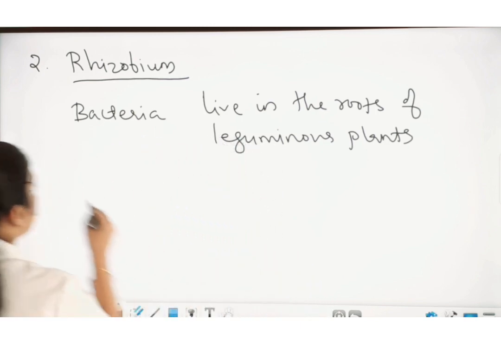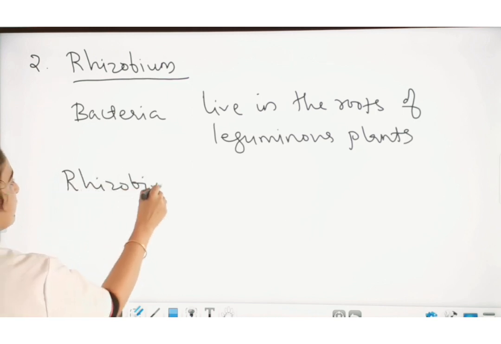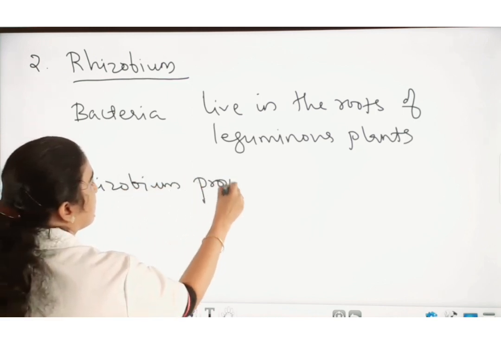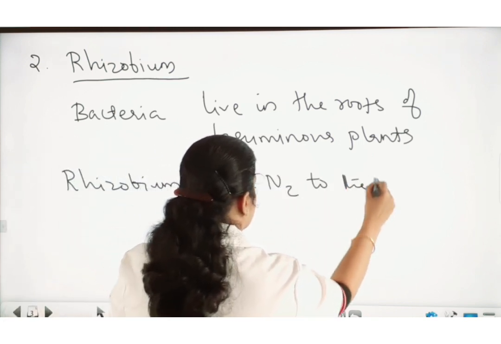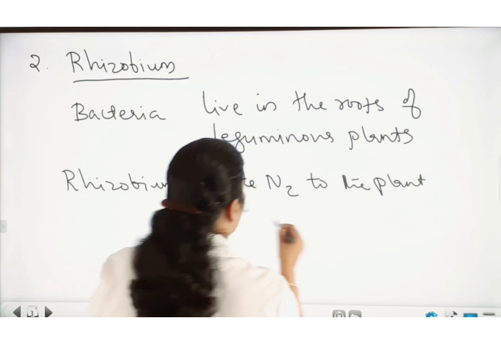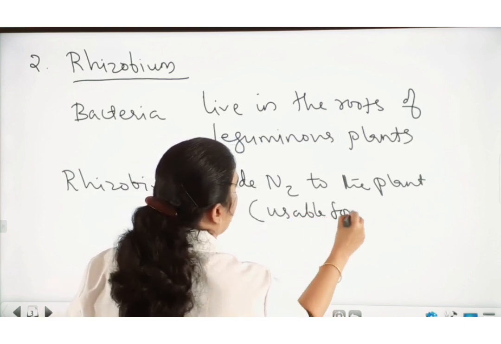So here the rhizobium provide nitrogen to the plant. Nitrogen in what form? In soluble form or usable form.